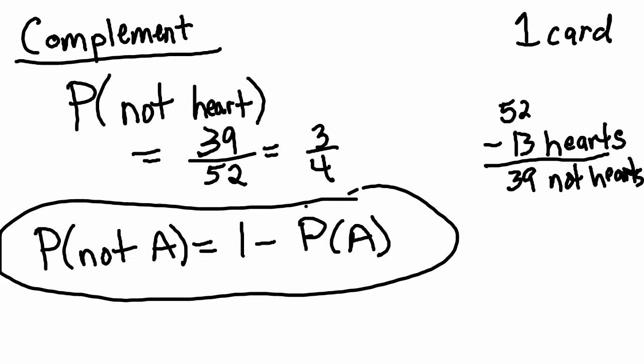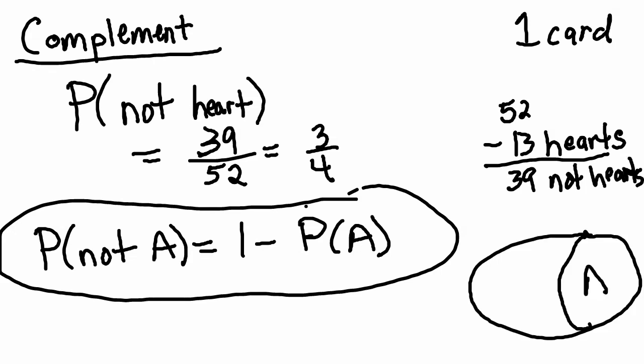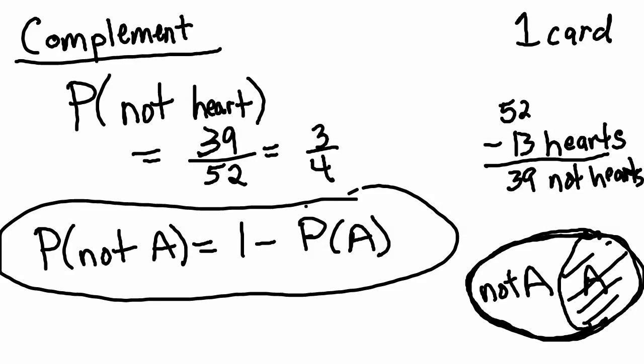And a picture of that is here's A and here's not A. So if we take this whole thing, which is 100%, and subtract A from it, then what we get is not A. And that's called the complement.